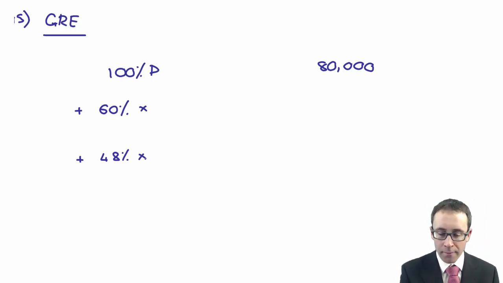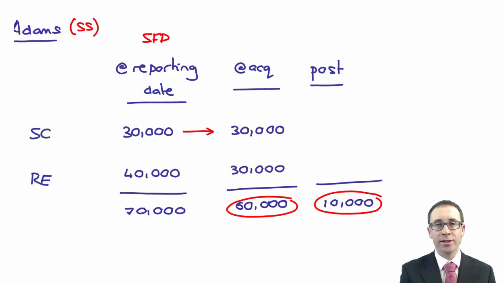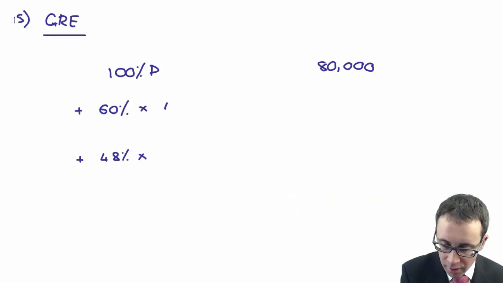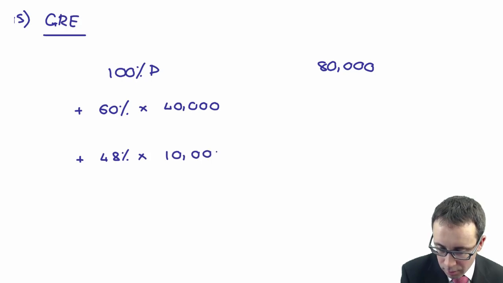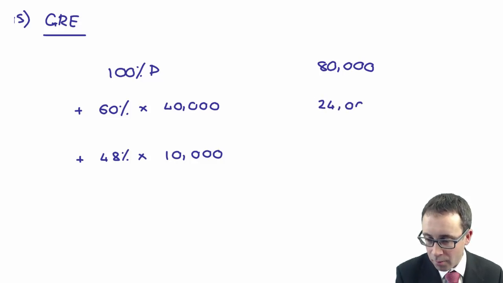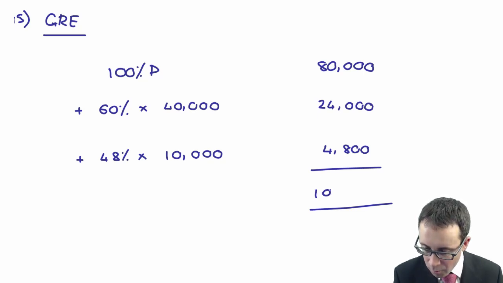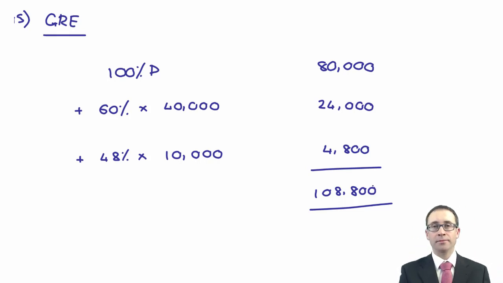If you can't remember the post-acquisition profits, you have 40,000 in the sub and 10,000 in the sub. 60% of 40 is 24,000. 48% of 10 is 4,800. So 80,000 plus 24,000 plus 4,800 gives me 108,800.